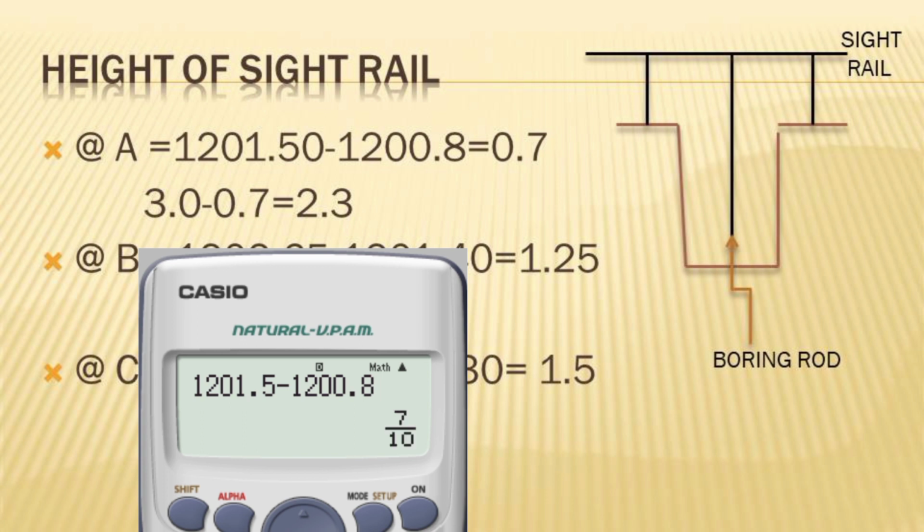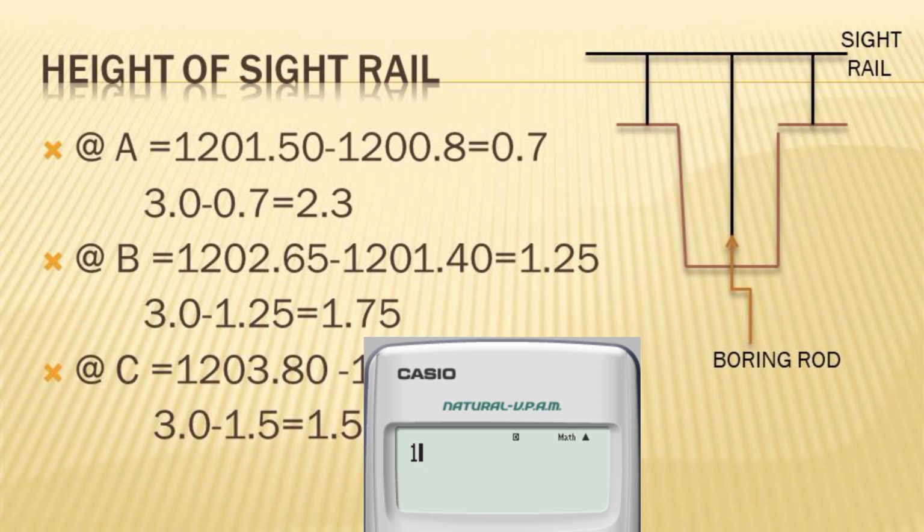We have already been given a 3-meter boning rod, so they need the height of the side rail, and by that, you find the difference between the ground level and the formation level. Those two will provide you the distance that is subtracted from the boning rod, getting our height of the side rail, as you can observe on the screen.